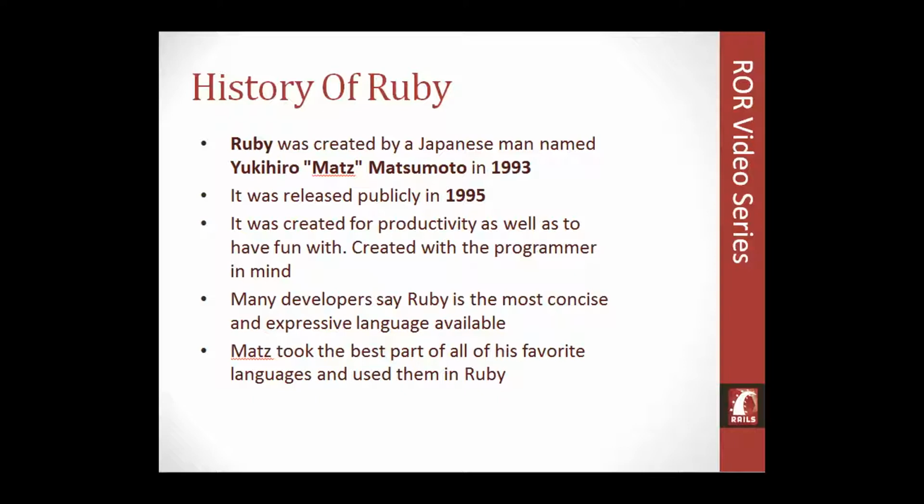Many developers say that Ruby is one of the most expressive and concise programming languages. Matz had a different approach when he created Ruby than most programming language developers. It was created for productivity and simplicity, with the programmer in mind. It was created for programmers by programmers.